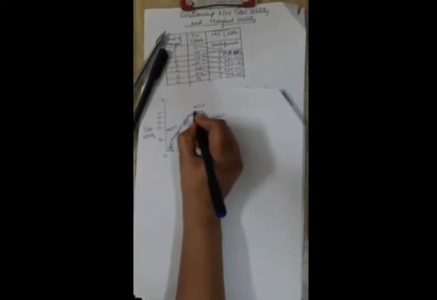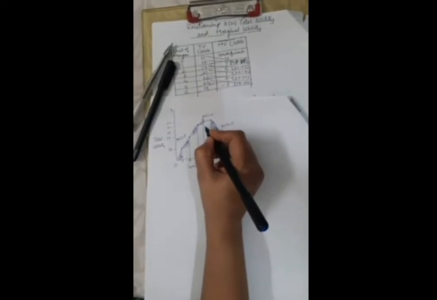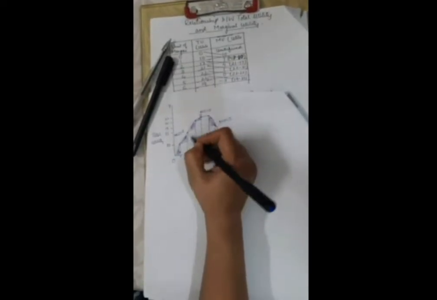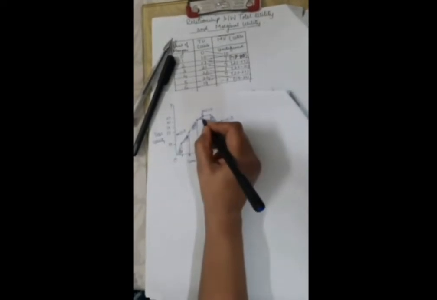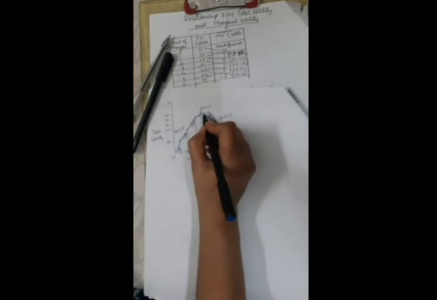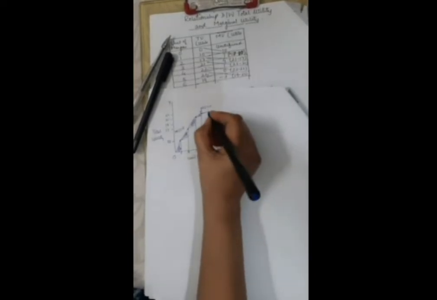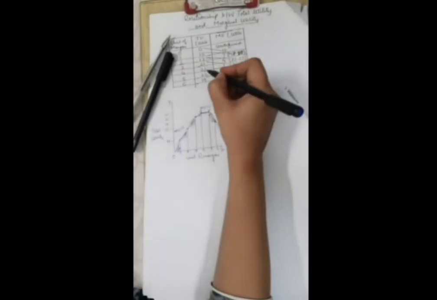This is point M. That is the maximum satisfaction of the consumer. It indicates an increase in total utility from 1 to 4 units. Now total utility remains constant between M, that is the 4th unit, and N, the 5th unit. In between this area the total utility is constant, and that is shown here.